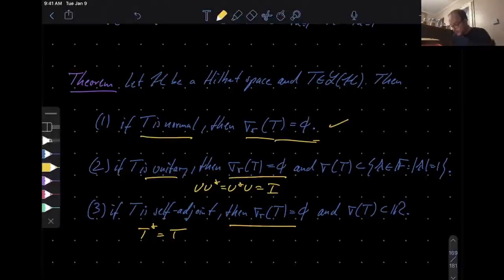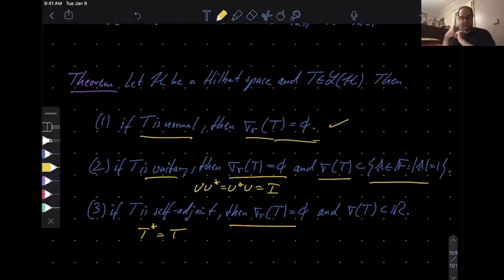They say if you're in the unitary case, then the spectrum is a subset of this set. So if the scalar field is the complex plane, then this would just be the boundary of the unit disk. If you are on the real line, then it's either plus or minus 1, right? And this statement says the spectrum is a subset of that.